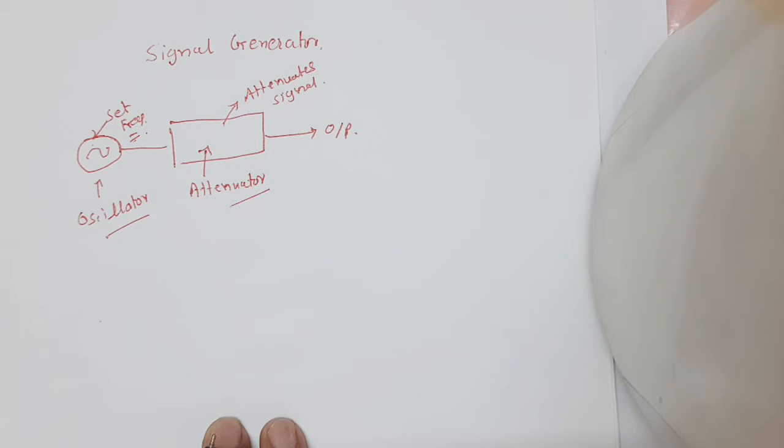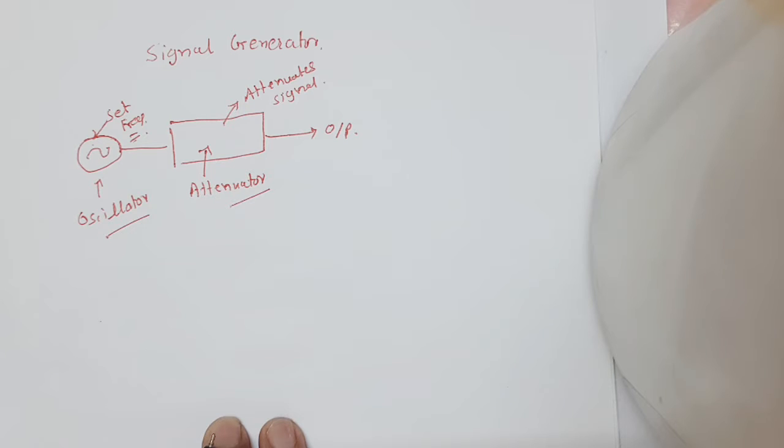In the standard signal generator, again there is an oscillator and attenuator. In between this, there is a wide band amplifier, through which modulation takes place. So there is a need of a modulation signal, which comes from the modulation oscillator.